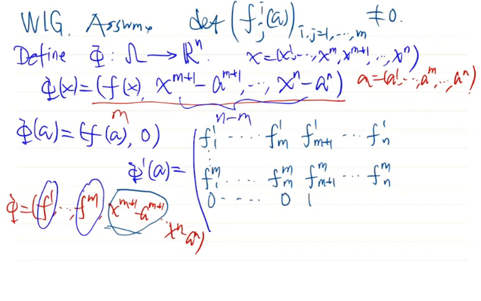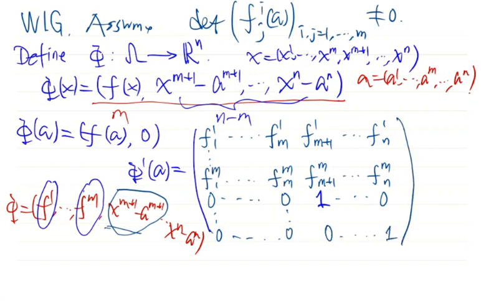Now this position is the derivative of the m plus 1 coordinate of phi with respect to x_{m+1}. That is 1 here. The other components are 0. Similarly, the other rows have 0 and 1 here.